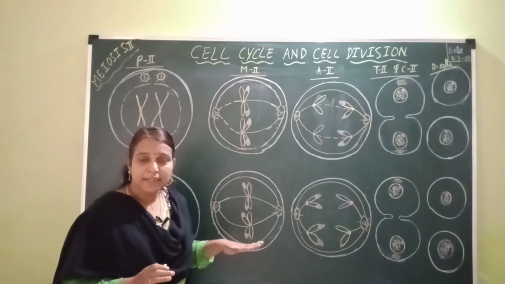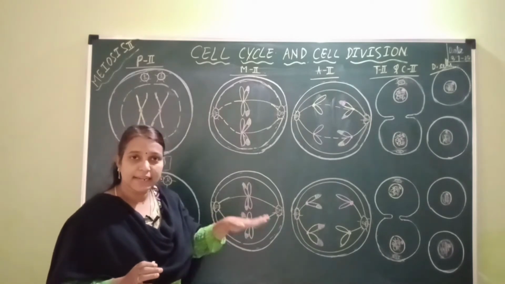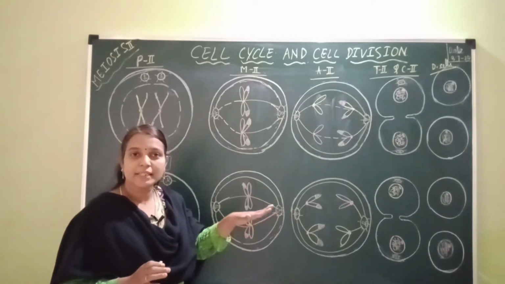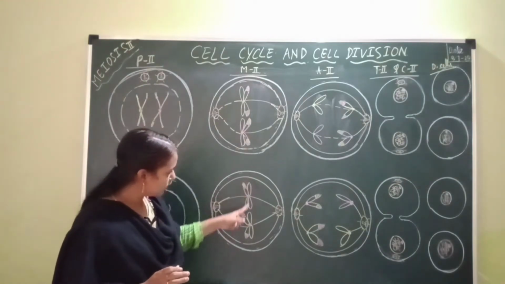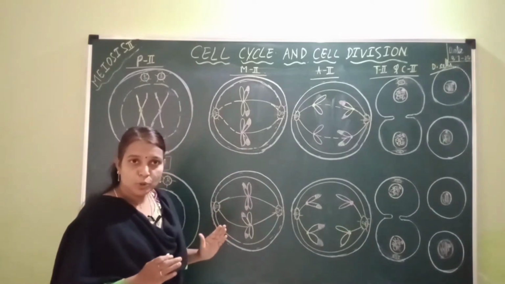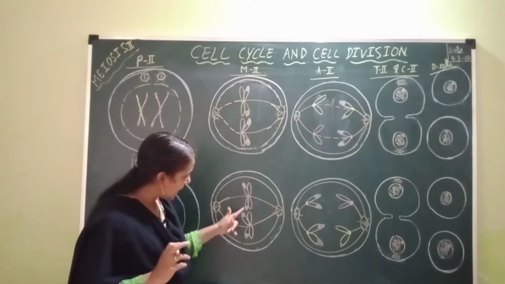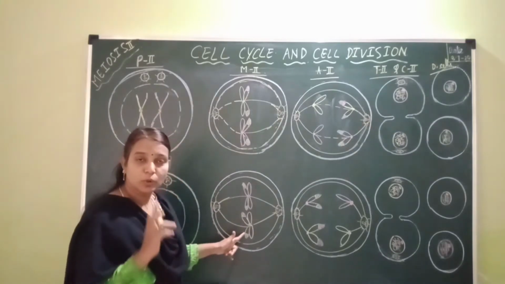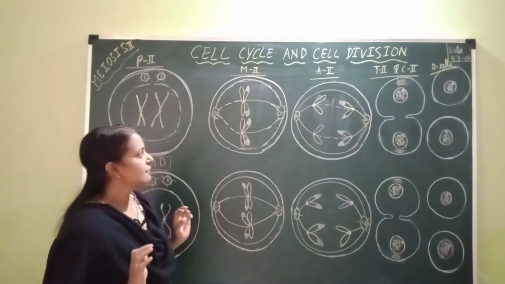Bimetaphasic plate is nothing but alignment of pairs of homologous chromosomes at the center of the cell. But here these are not homologous chromosomes. Here there is no alignment of homologous pairs of chromosomes, but there is alignment of only one chromosome at the center of the cell, forming the metaphasic plate.